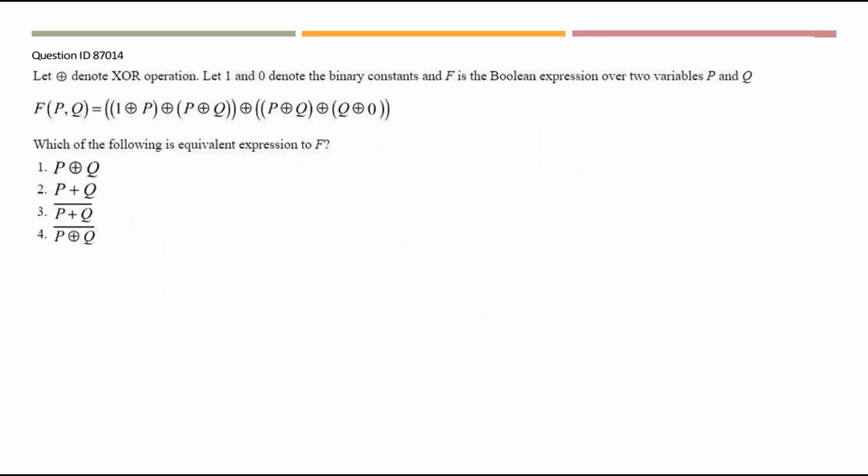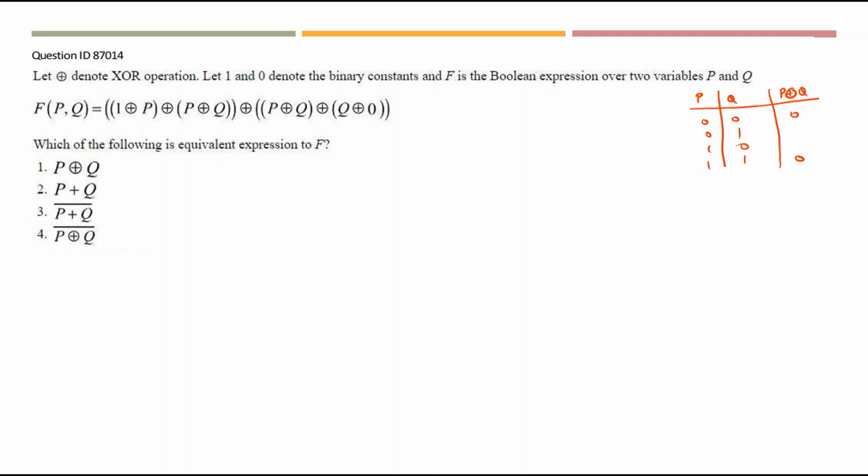Next question. Let the symbol ⊕ denote XOR operation. Let 1 and 0 denote the binary constants and F is the Boolean expression over two variables P and Q. Let's take P and Q as a truth table here. 0 0, 0 1, 1 0, 1 1. What is P XOR Q? Whenever we have same input, we get 0.